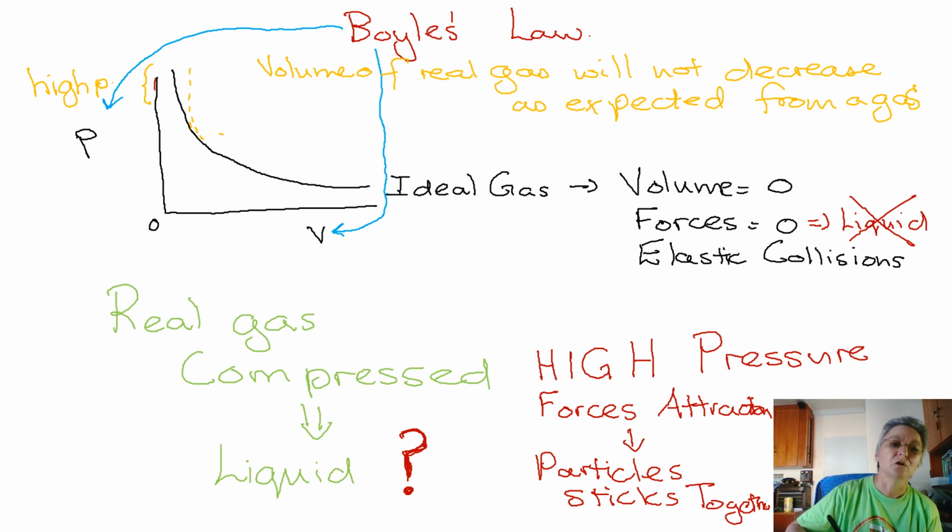The gas volume will not decrease as expected because the real gas particles contribute to the volume of the gas. I'll stop here and I will go on to the next video.